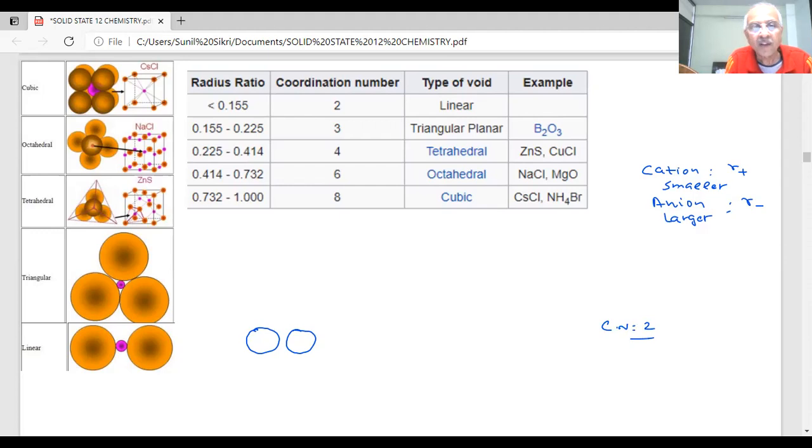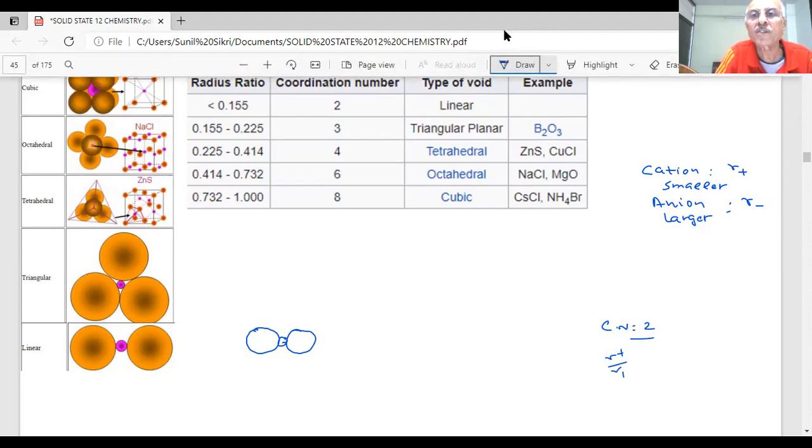Now here, this is the radius of the smaller ion, you can see. And this ratio, the radius of the smaller divided by the radius of the larger, is r plus divided by r minus, where r minus is larger.